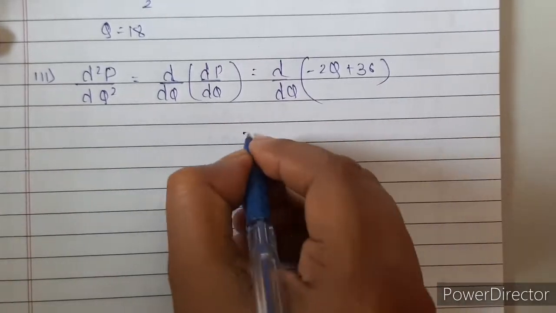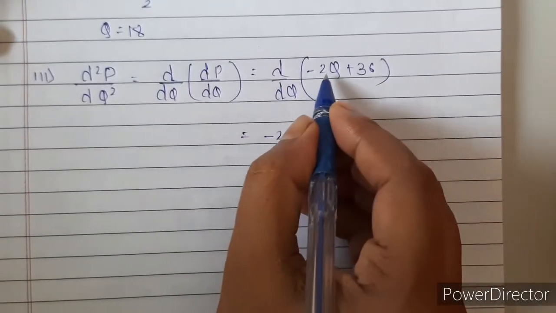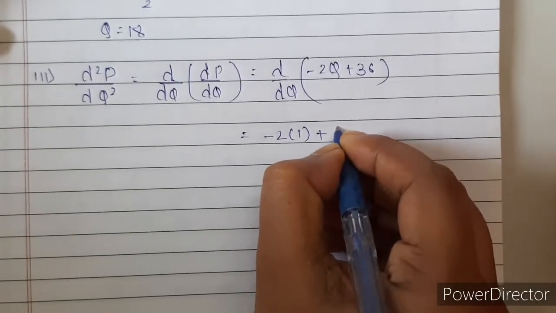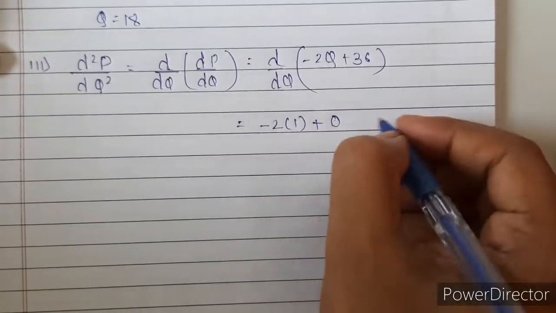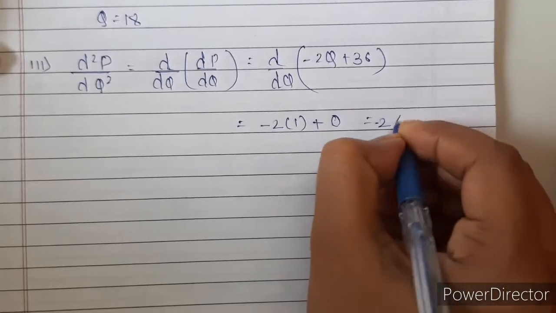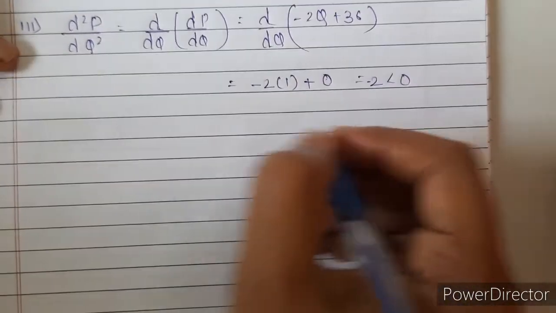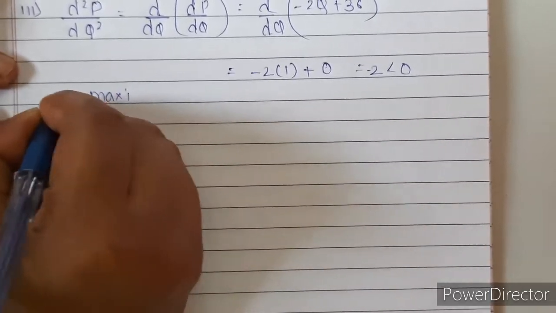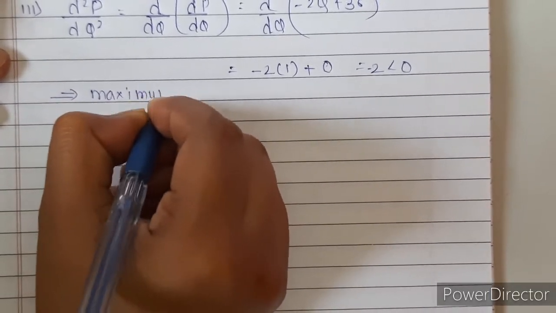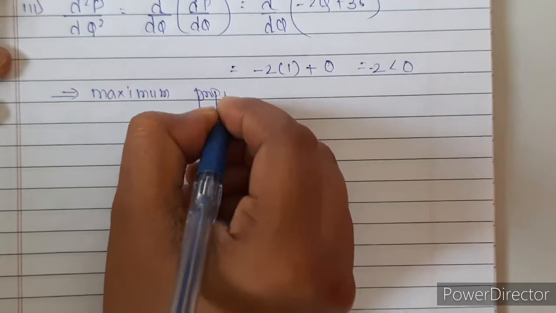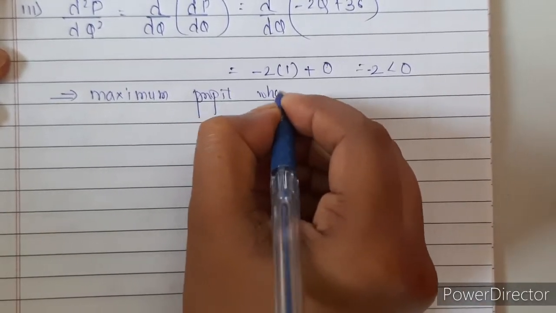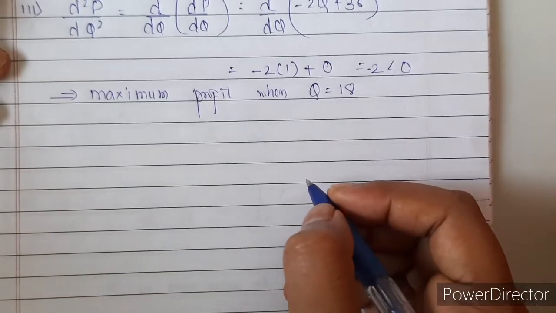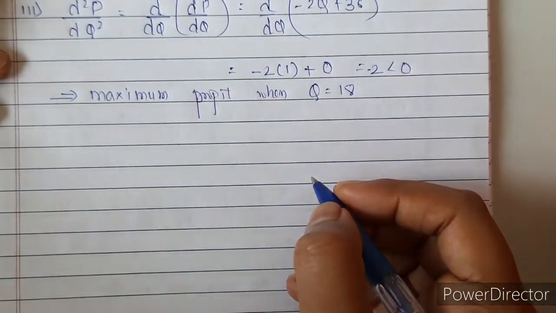This minus 2 will remain as it is, the derivative of Q with respect to Q is 1, plus the derivative of a constant is 0. So we are getting minus 2, which is less than 0. It means we are going to have maximum profit when output is 18.